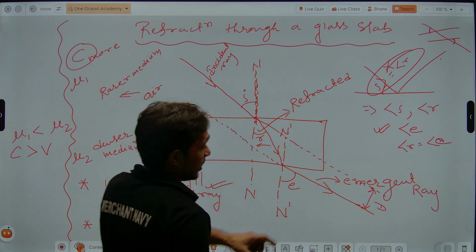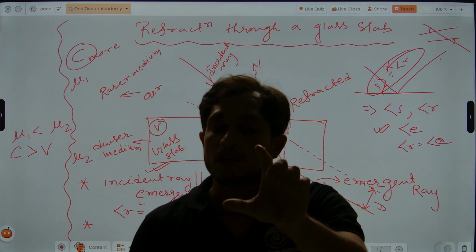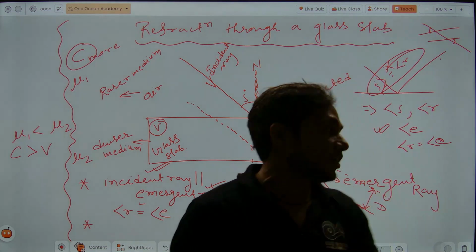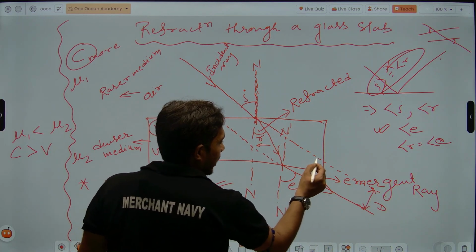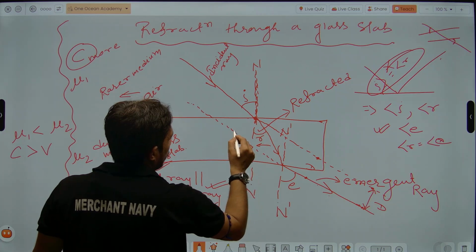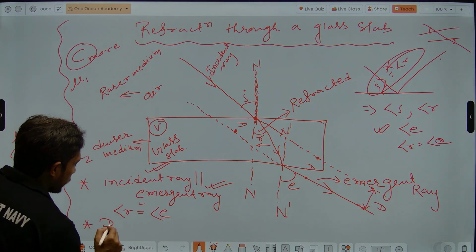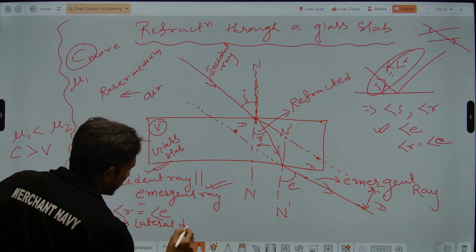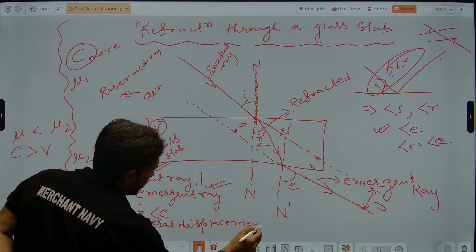And we know that the distance between parallel lines is always the same at any point. That means if we measure here, this will remain D. If we measure here, this will also remain D. So D is the lateral displacement.